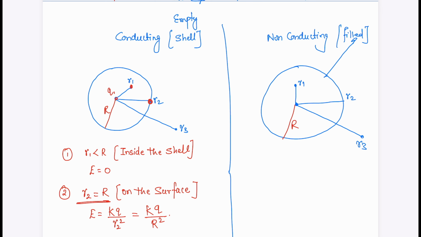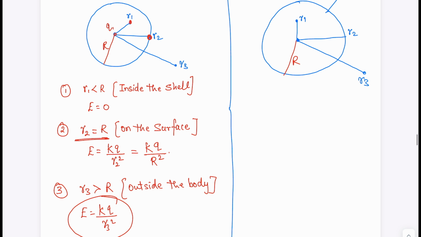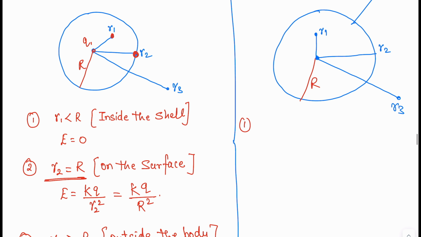In this, only one case is different, inside. Case number 1, when R1 is less than radius, in that case, E is equal to rho R1 divided by 3 epsilon naught.